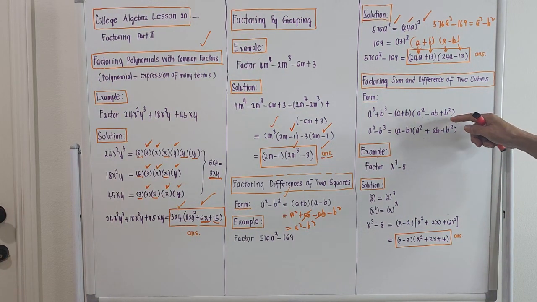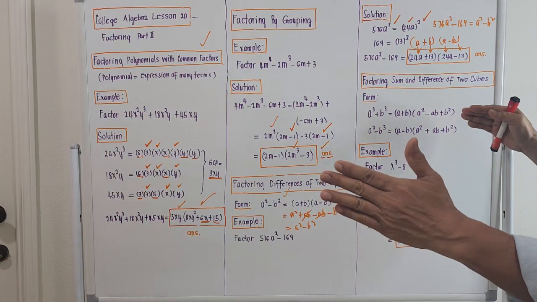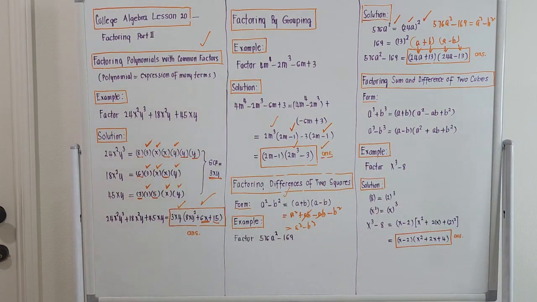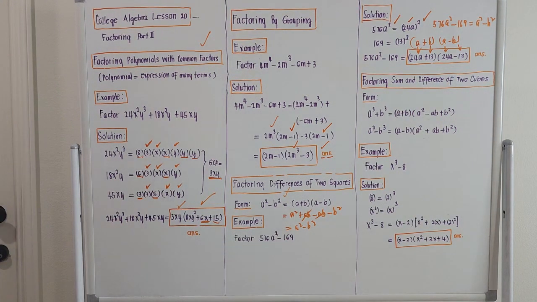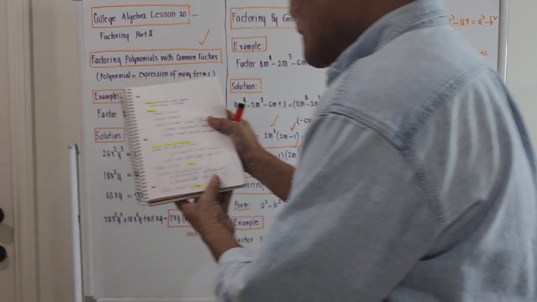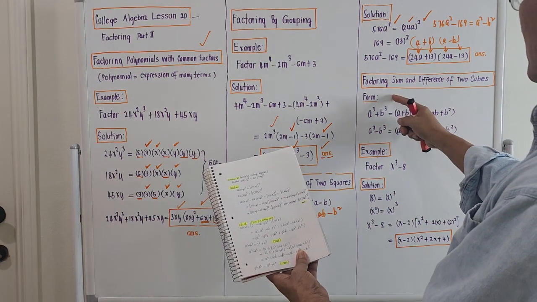I have expanded this one already on my notes. That is a cubed plus b cubed.